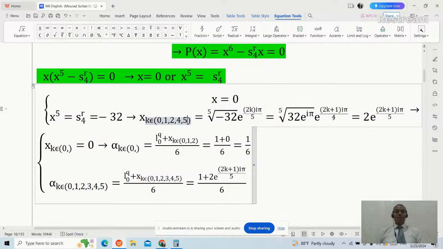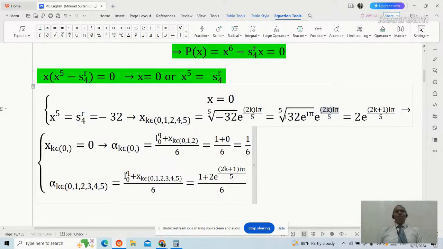Here, of course, this is 5. We found this is 2, divided by 5. Or I will just raise this one and make only this divided by 5.